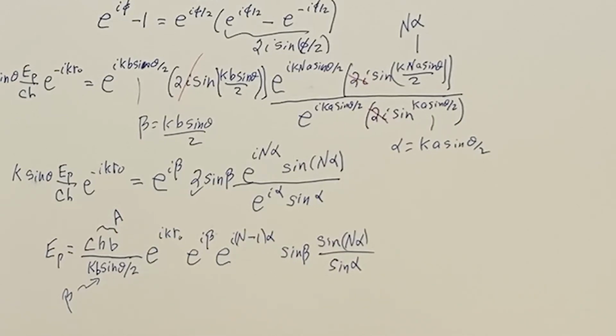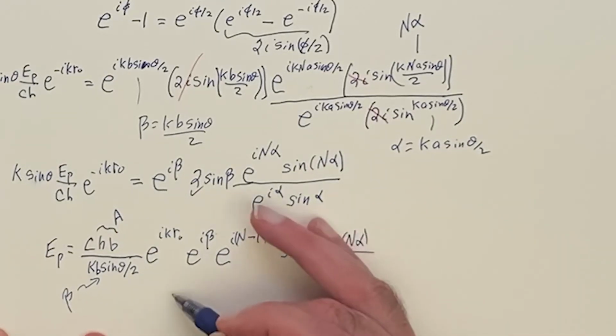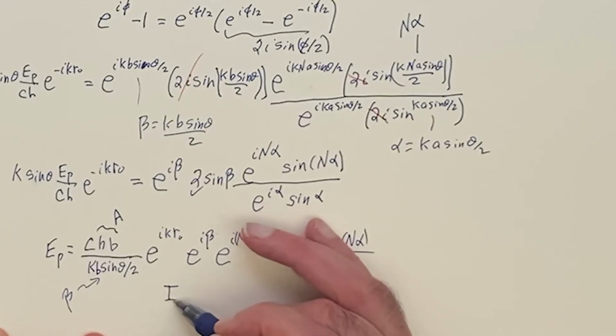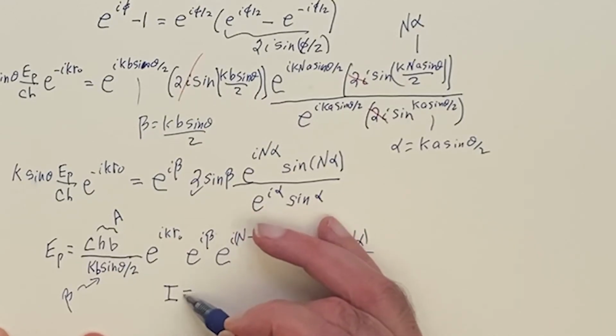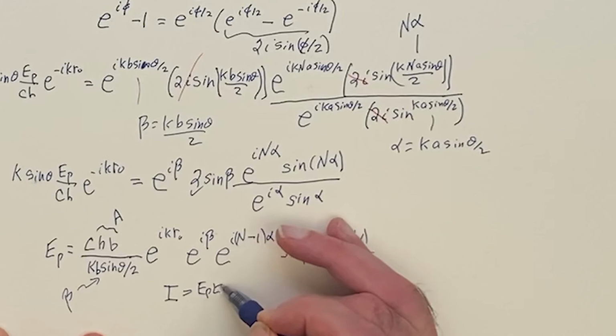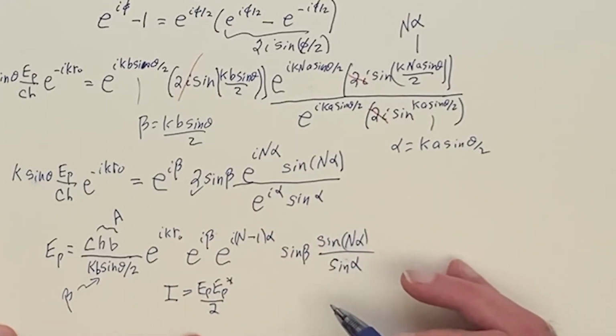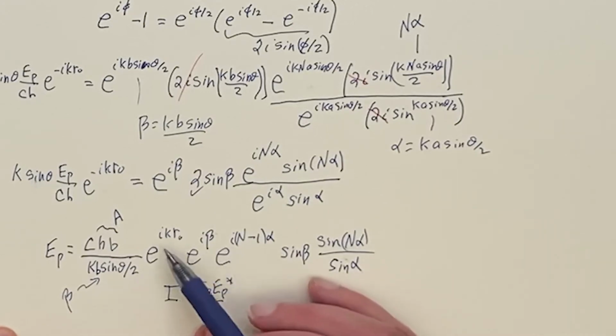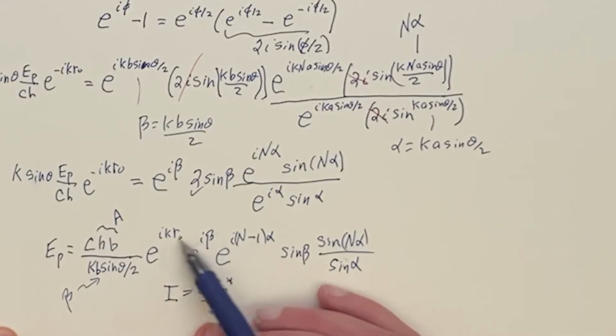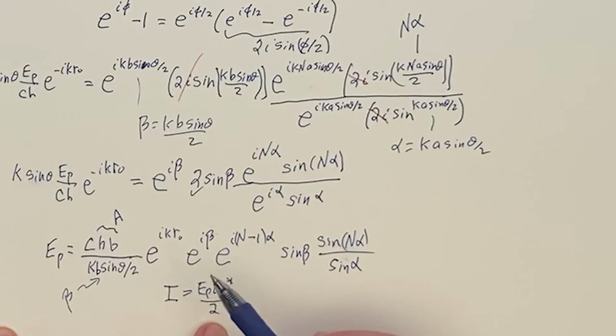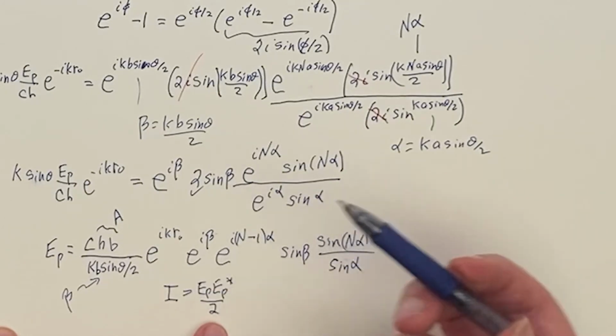And then when we go to the next step for the irradiance, we're basically looking at EP star divided by 2. And when we do that, when you star the thing, these become minus signs, the i's, and then when you multiply them, they go away.